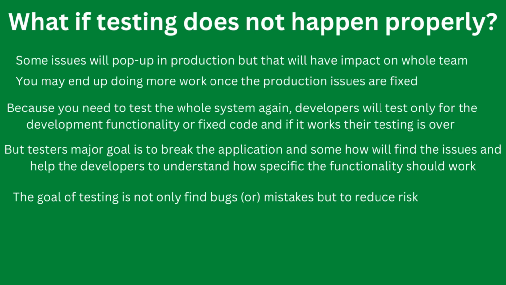But the tester's major goal is to break the application and somehow find the issues. We also need to help the developers understand how the functionality should work. The goal of testing is not only to find bugs or mistakes, but also to reduce the risk in the application.